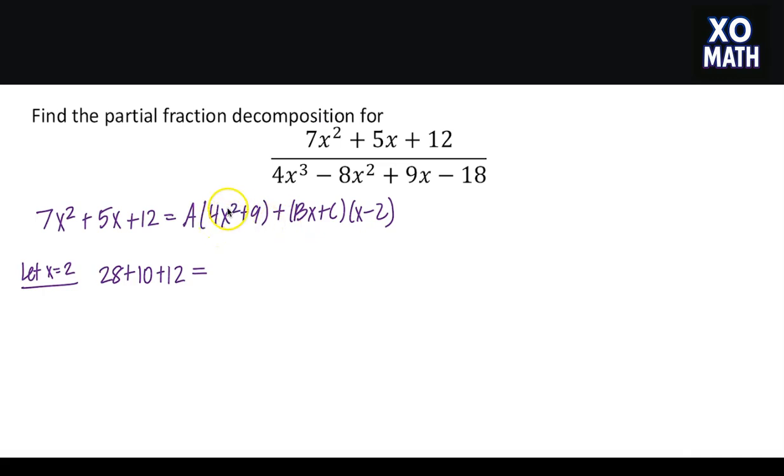So 2 squared is 4, 4 times 4 is 16, and then 16 plus 9 is 25. So I have 25a.